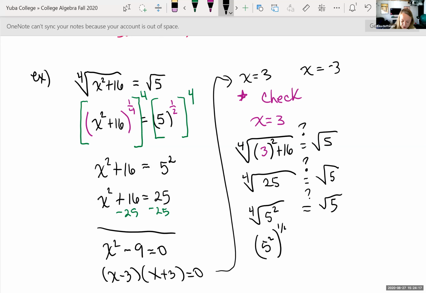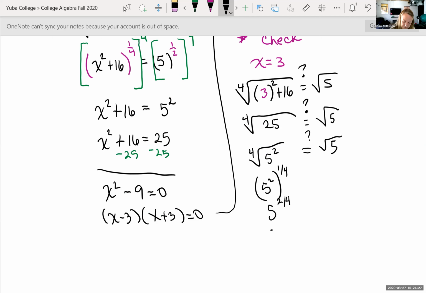Power to power is multiplication, so that's 5 to the 2/4 power, which is 5 to the 1/2 power, which is the square root of 5. So yes, positive 3 is a solution.